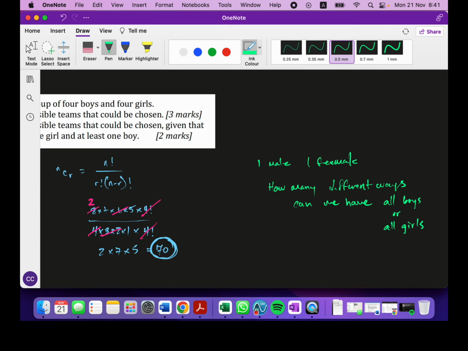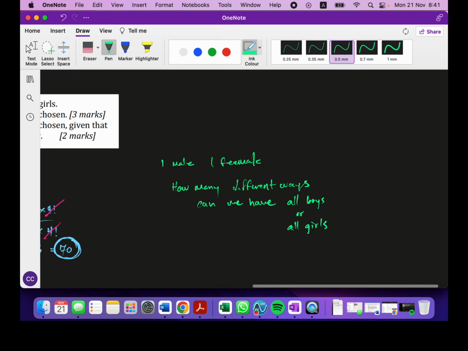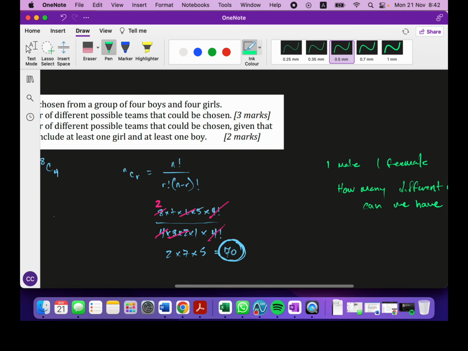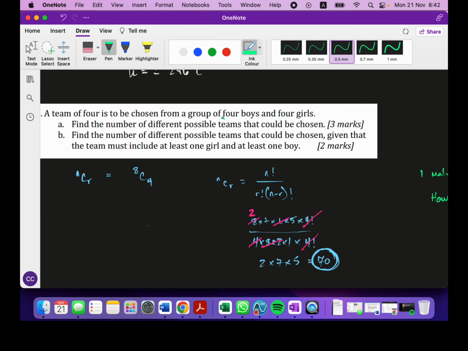If there's 4 boys and 4 girls, and we're looking for a team of 4, there's only one situation that gives us all boys, and only one other situation that gives us all girls. If there are 4 boys, there's only one combination that gives me all 4 boys on a team of 4. We don't care about the order.